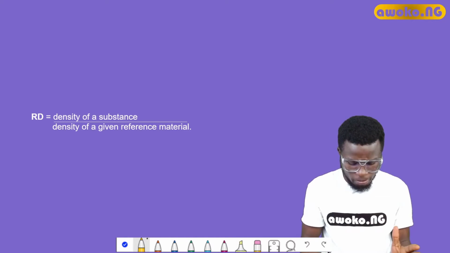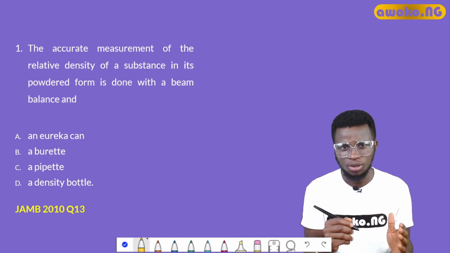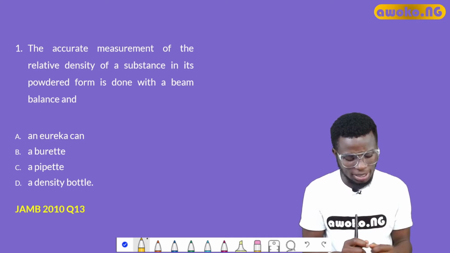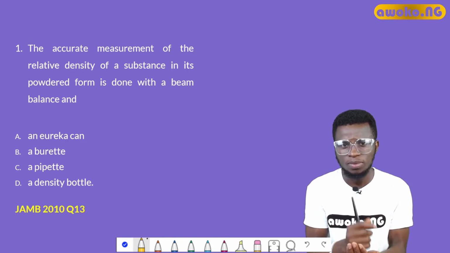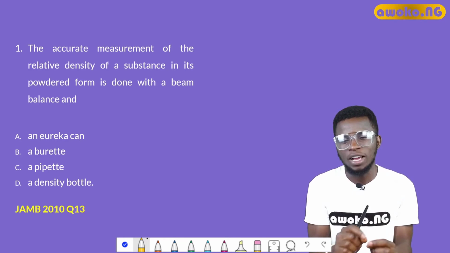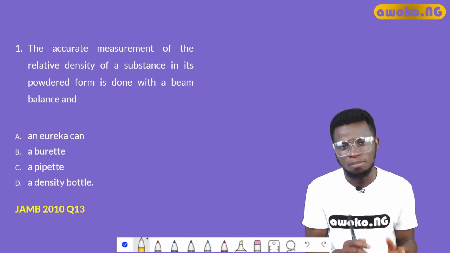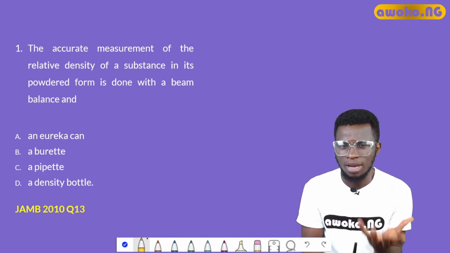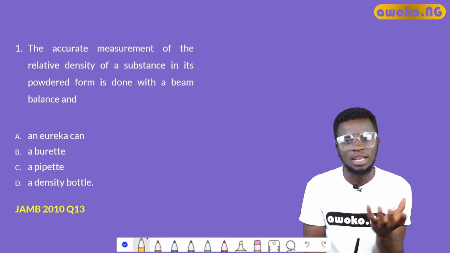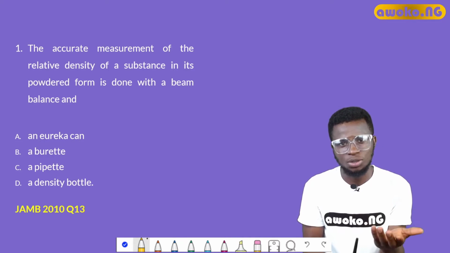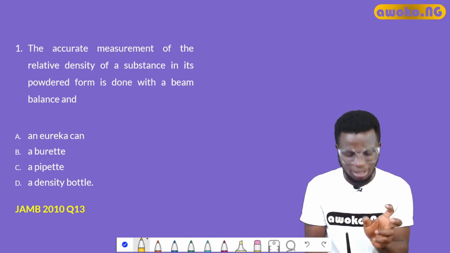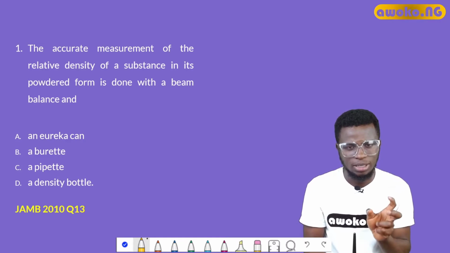Okay, now going back to our question: the accurate measurement of the relative density of a substance in its powdered form. One of the things that helps us identify the type of measurement to use is the state of the matter. What we use to measure liquid is different from that which we use to measure solid, and so on and so forth. So the state of this substance is powdered.